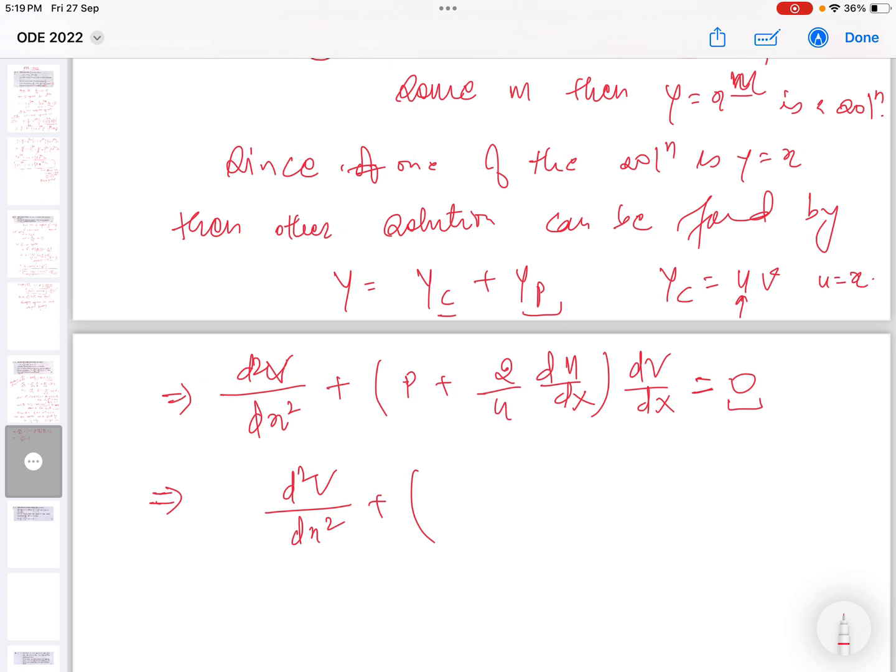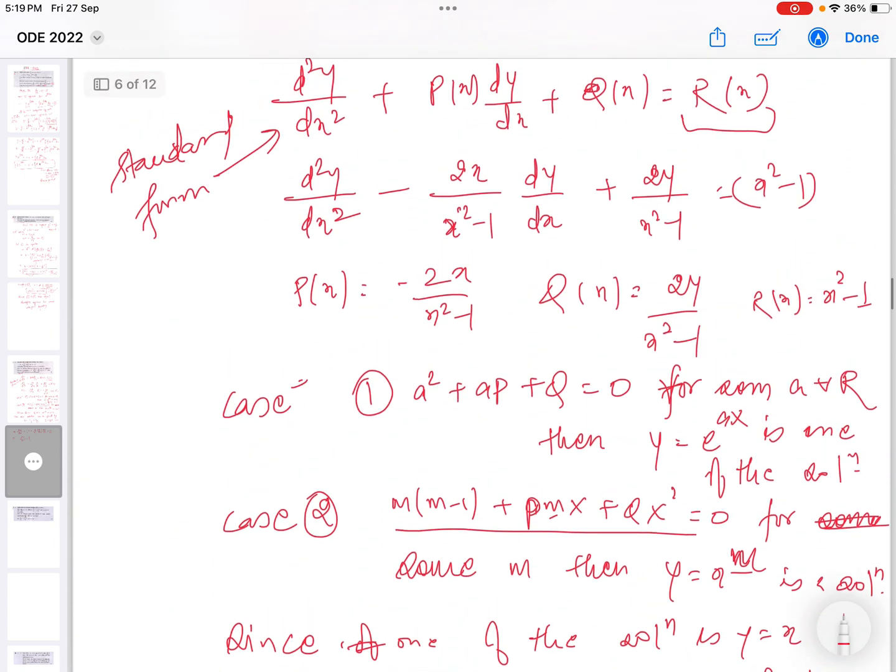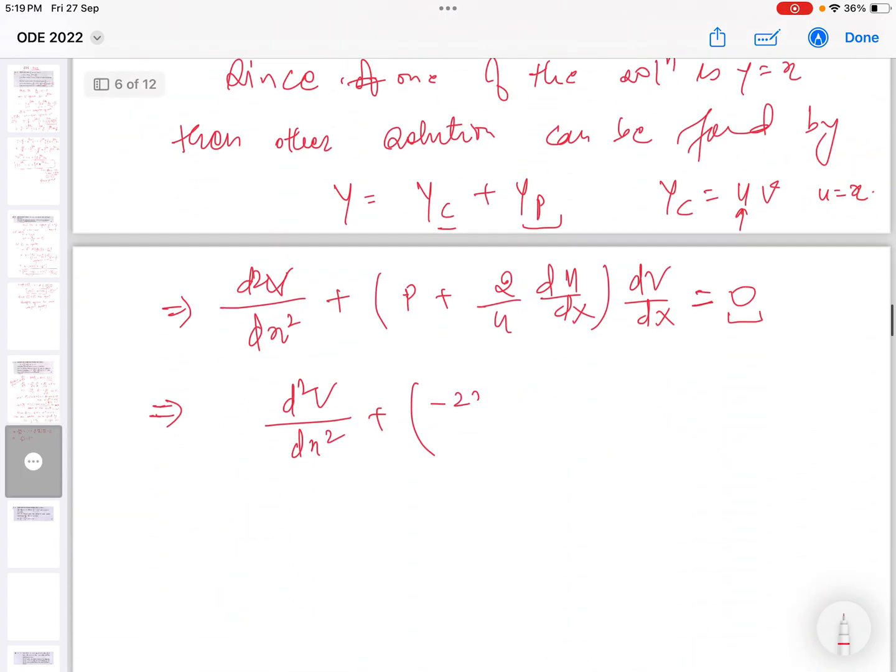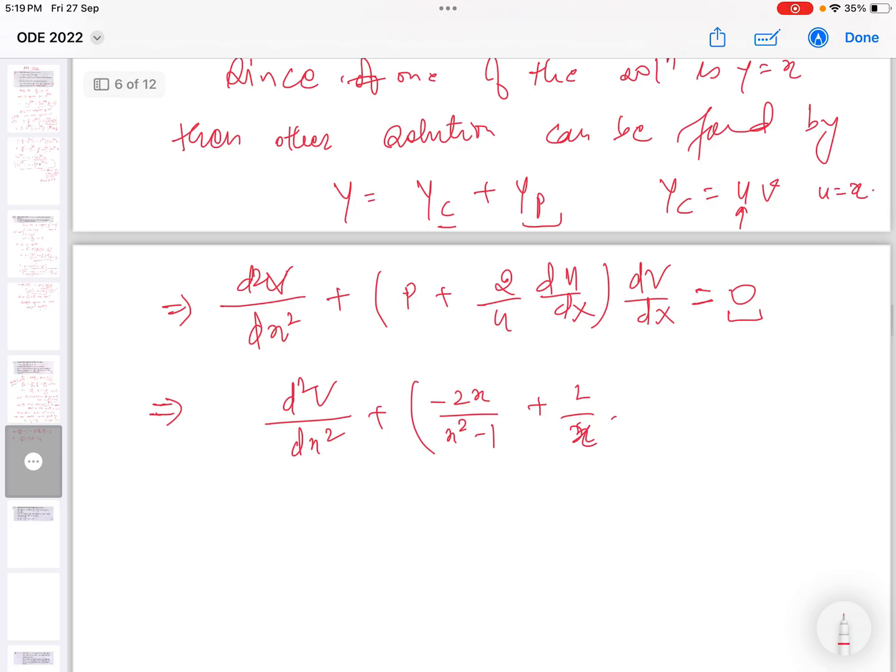So p is nothing but minus 2x upon x square minus 1, du by dx is nothing but 1, so plus 2 by x dv by dx equals 0, d2v upon dx square.